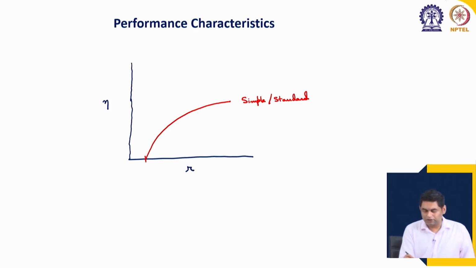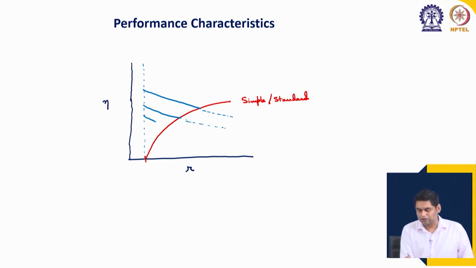We know that for the regenerative cycle, let us draw using another color, the characteristic is opposite. So, the efficiency decreases and at some point it goes below that of the simple Brayton cycle.